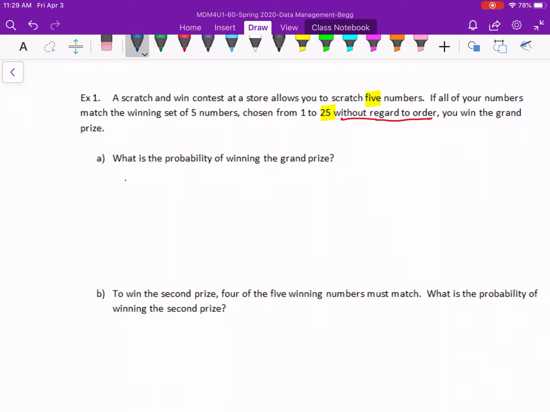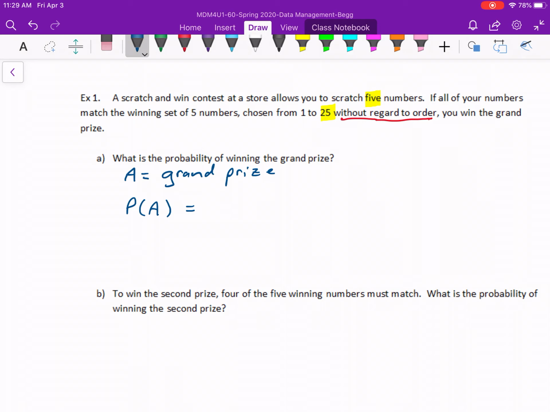So if we let event A be grand prize, then the probability of A happening is going to be, we have to get 5 out of 5 numbers correct.